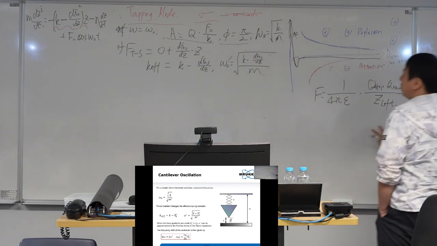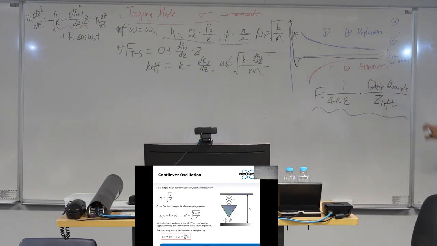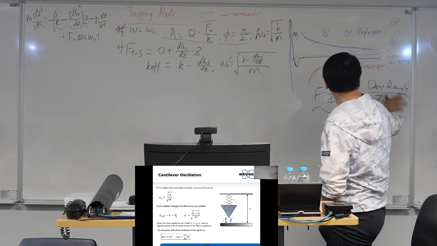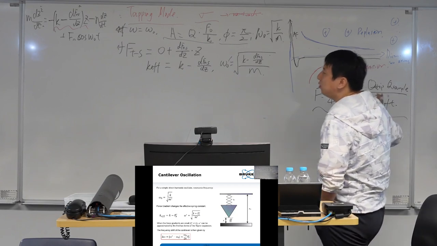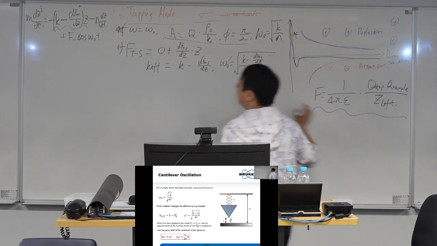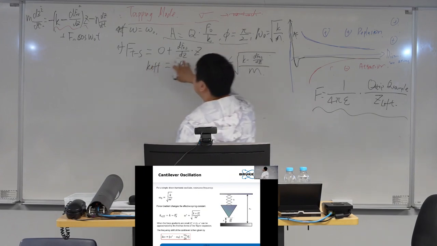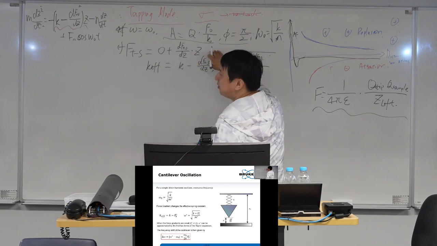And then we add the electric field force. This electric field force follows Coulomb's law, and we simplify it using the Taylor equation to make it look like 0 plus its gradient times z.